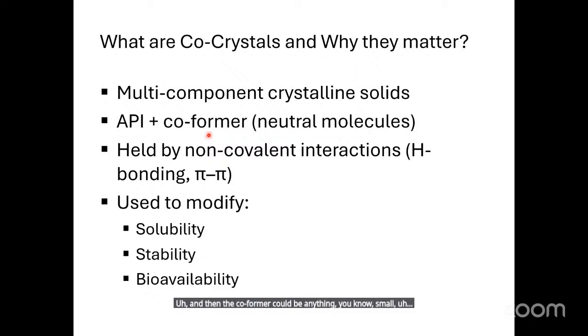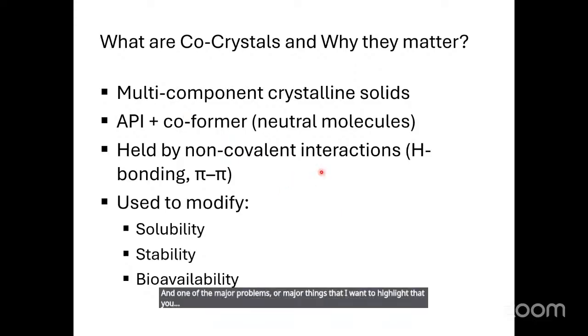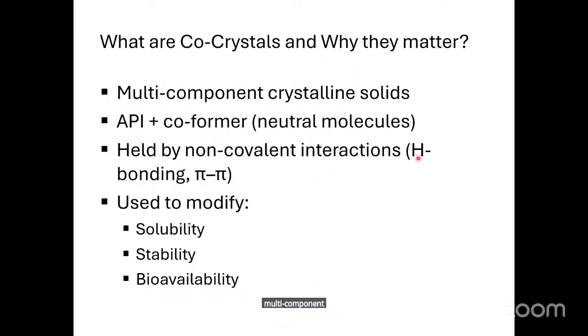small dicarboxylic acids like oxalic acid in this instance, or your amino acids, or any other form of your neutral molecules. You could use that as your co-former. And one of the major things that I want to highlight that guide this process, the formation of these multi-component systems, is the hydrogen bonding and pi-pi bonding.